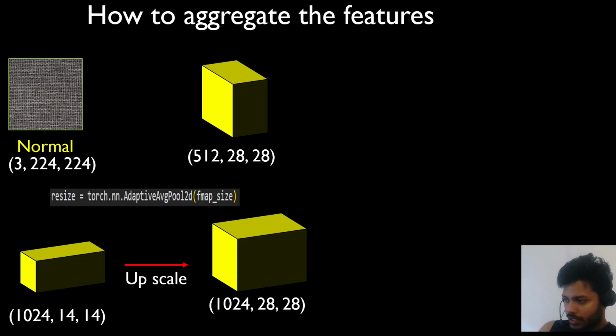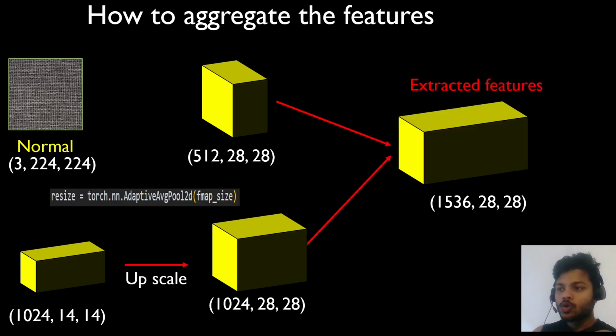Now, the second layer output we are going to upscale using the adaptive average pooling method to have the same height and width as the first feature map. Then we just concatenate them along the direction of the channel. So finally we have 1536 feature maps, each having 28 cross 28.